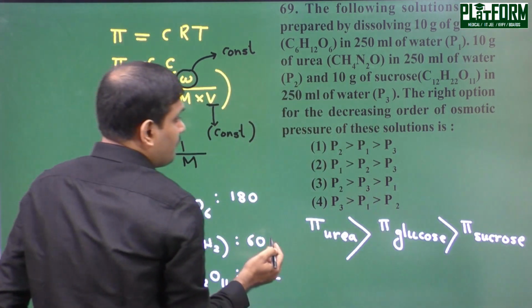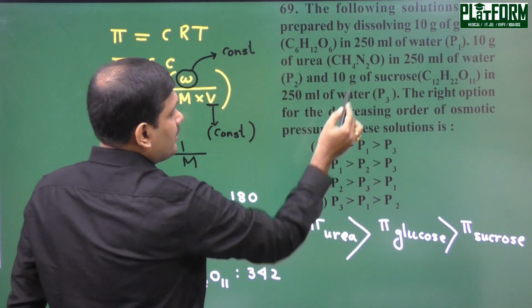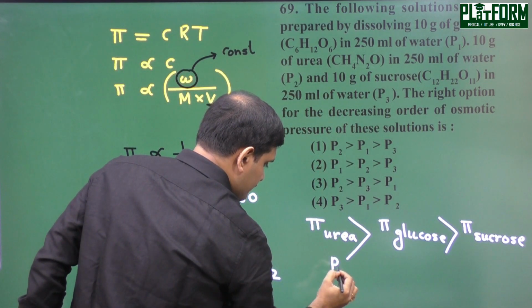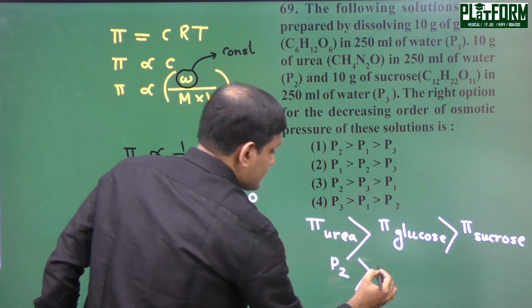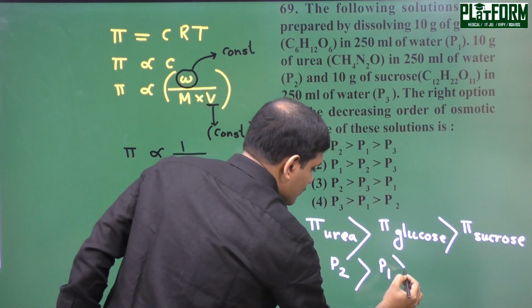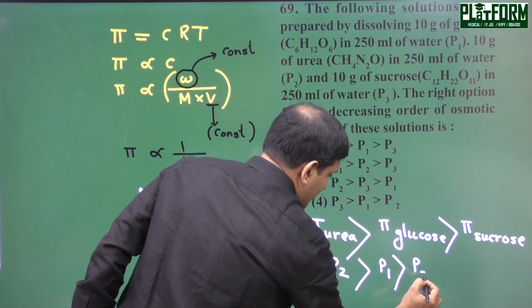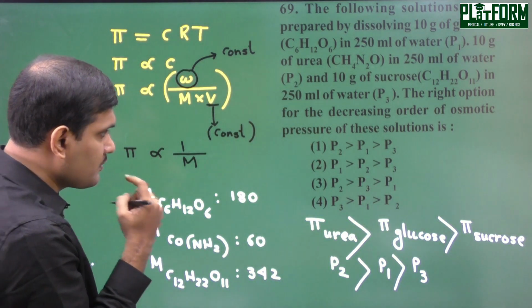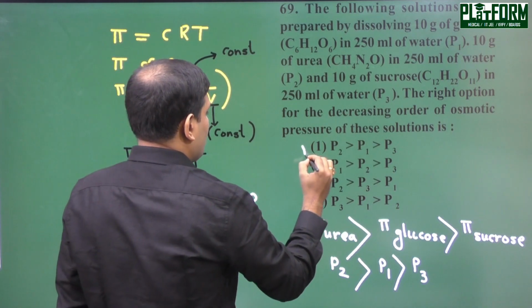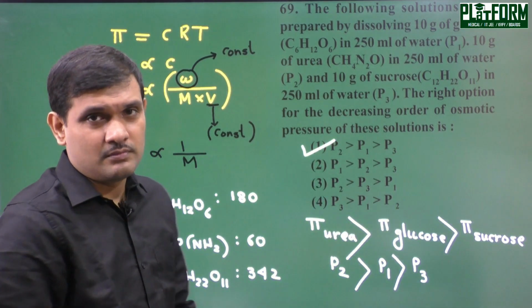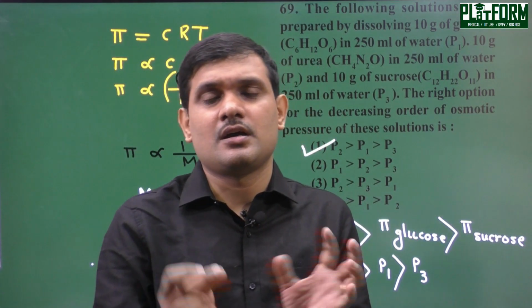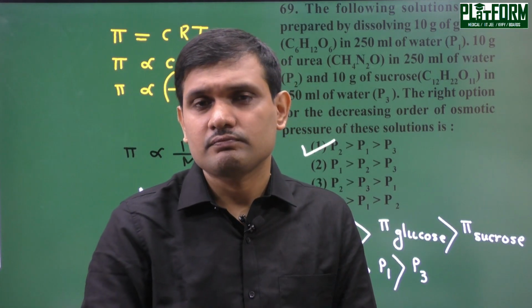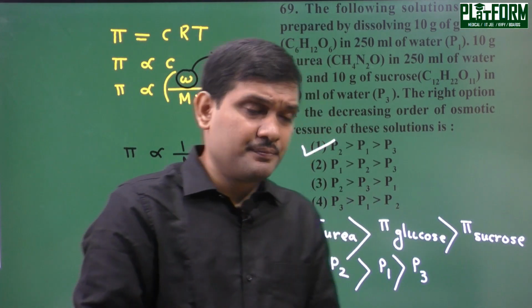Here, for urea the given value is P2, for glucose it is P1, and for sucrose it is P3. So the correct option is P2, P1, P3. Definitely I would go for option 1. I would say it is a very intelligently asked question, a very good question provided by NTA.